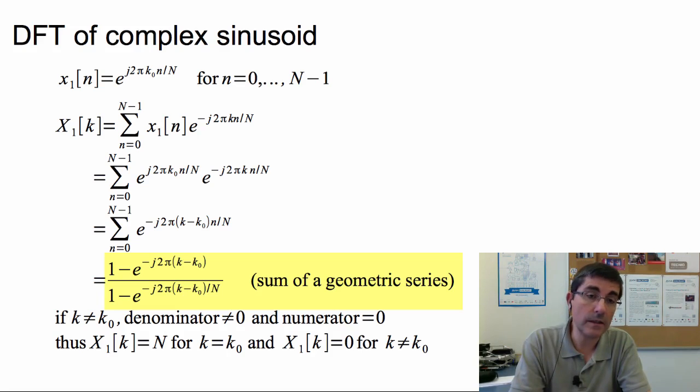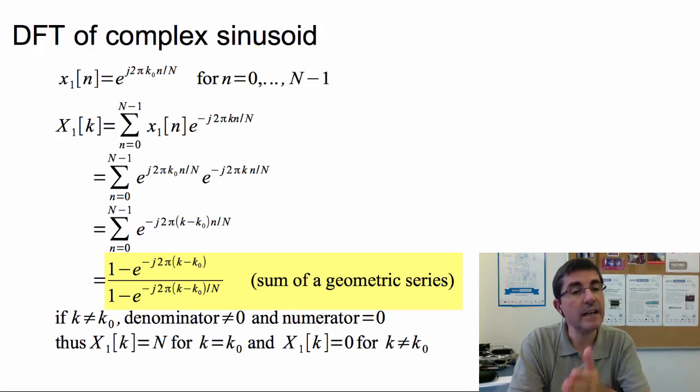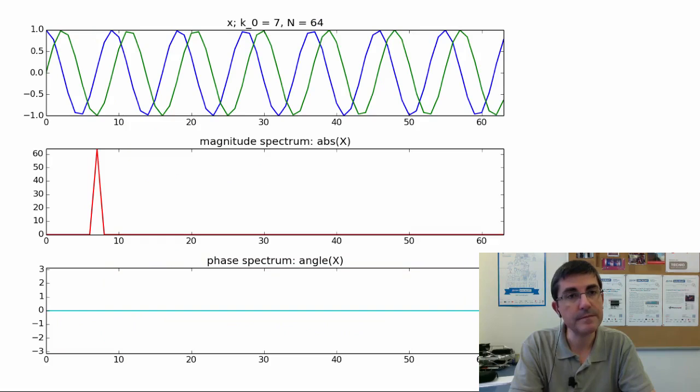Therefore, the output signal X of k is equal to capital N when k is equal to k sub 0 and is equal to 0 for the rest. So what we're saying is that it has a single value at k equal k sub 0, and this value is N.